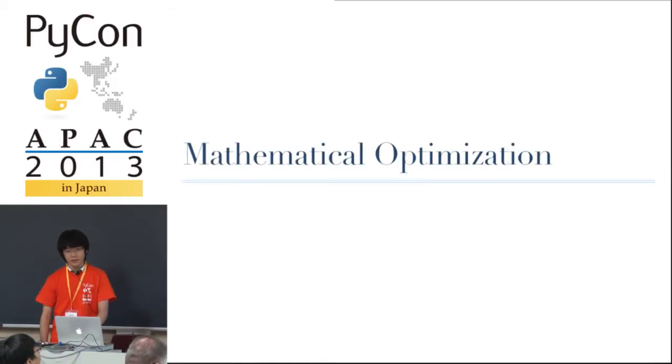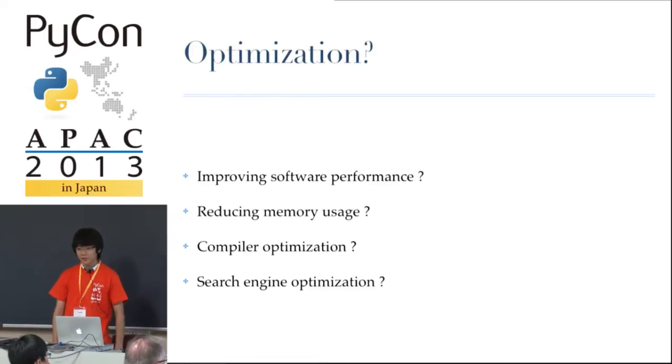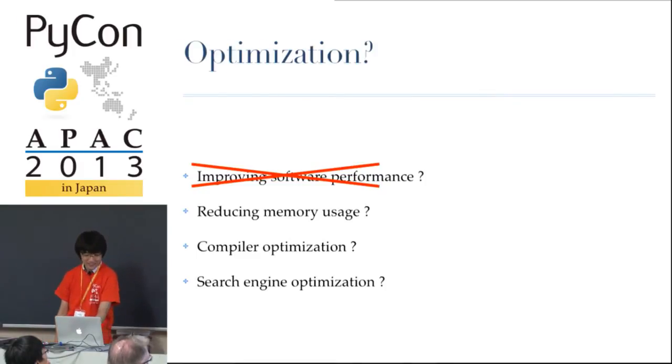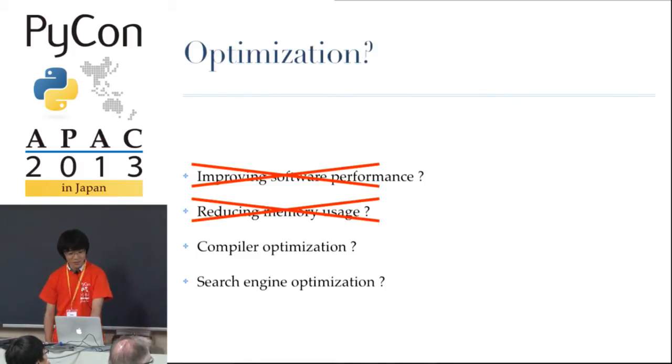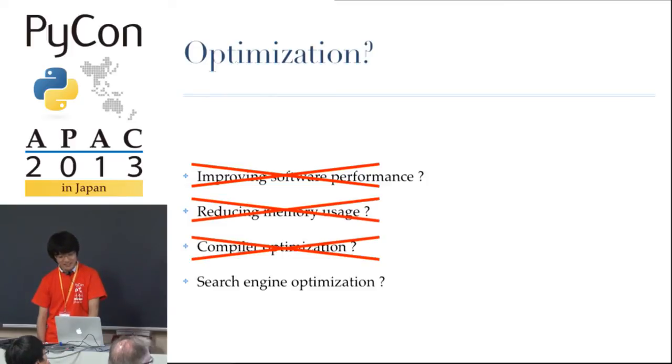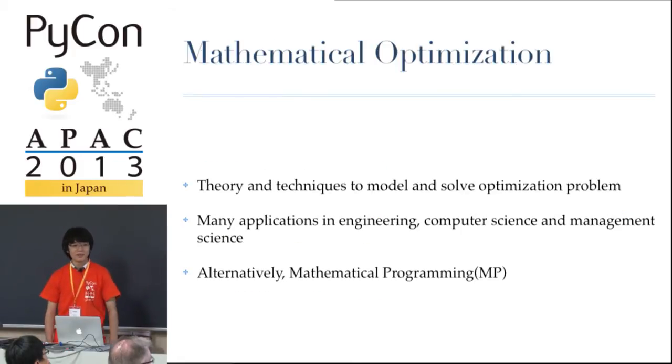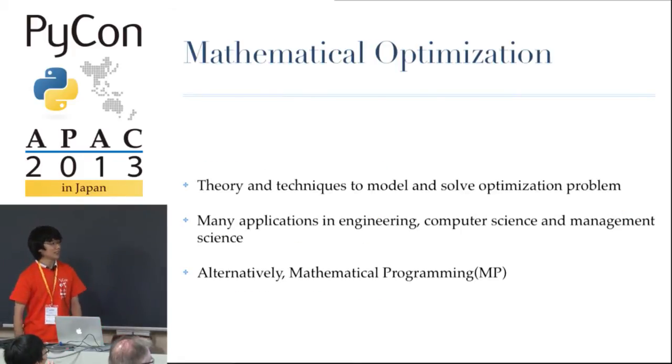Okay, now I reintroduce mathematical optimization. Software programmers know many kinds of optimization. Improving software performance, reducing memory, compiler optimization, search engine optimization: they are not mathematical optimization. What is mathematical optimization?